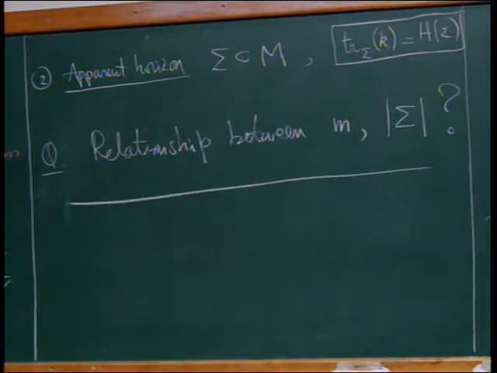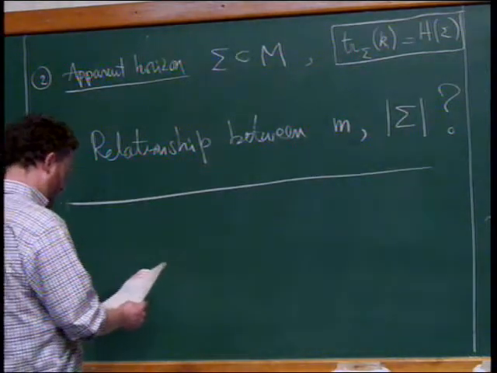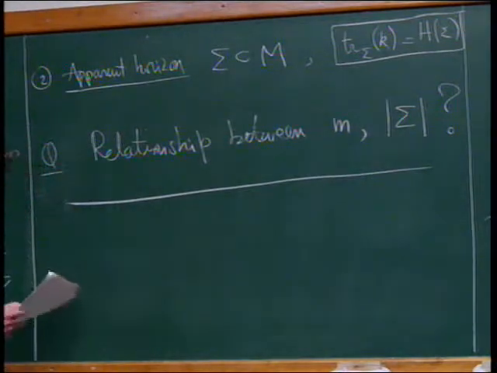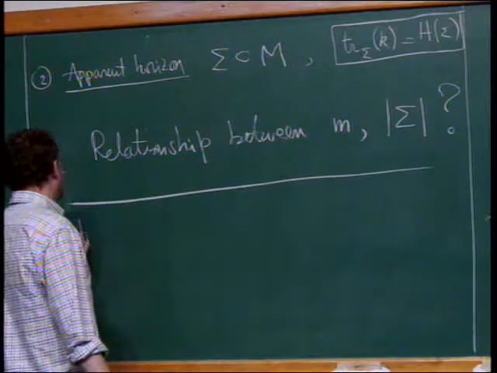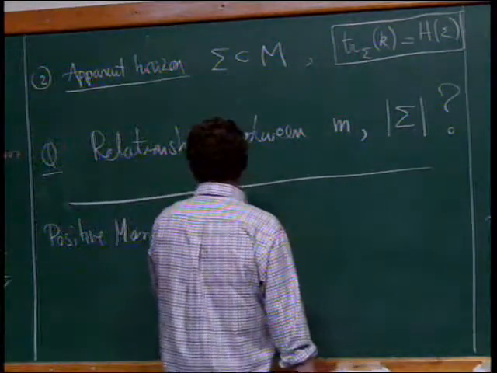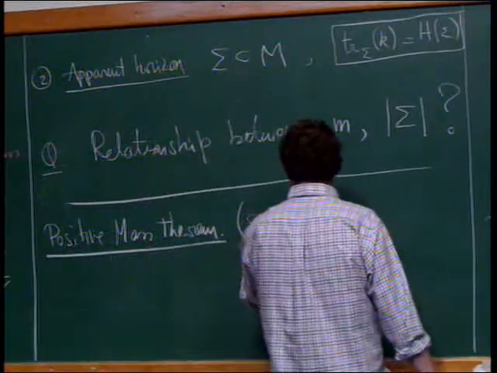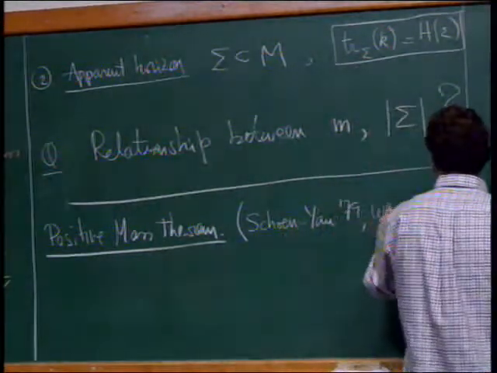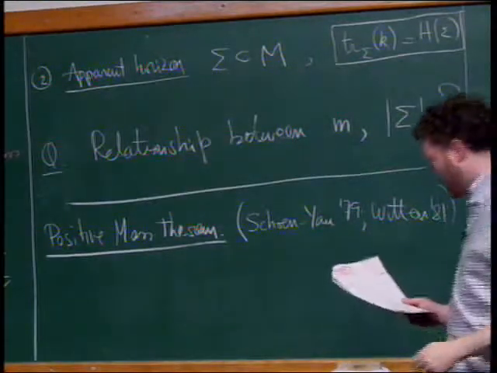All right. So, well, what is it? First of all, let me mention that there's one very famous theorem. It's called the positive mass theorem, by Schoen and Yau in '79, then Witten in '81. It says the following.